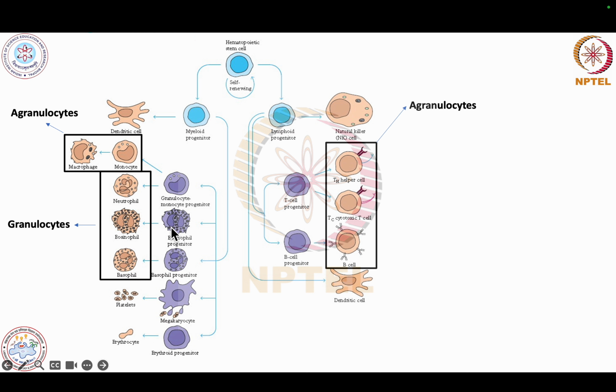From basophil progenitor we get basophils, from eosinophil progenitor we get eosinophils. From granulocyte-monocyte progenitor we get neutrophils, and also monocytes, which differentiate into macrophages. Monocytes and macrophages are agranulocytes as well, but neutrophils, eosinophils and basophils have granules in their cytoplasm, so they are called granulocytes.